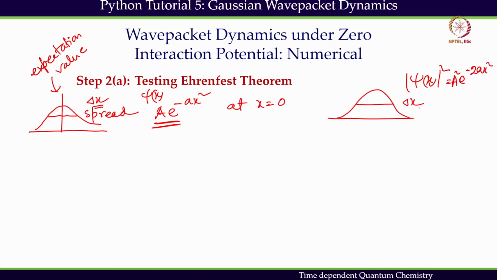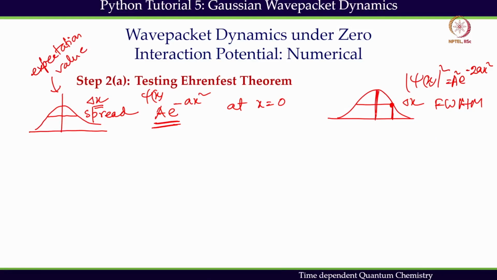This is something we have emphasized previously also, and there are many ways you can define delta x. It can be full width half max. What does it mean? It means the width where the intensity has dropped down to half of its maximum intensity, that is called full width half max.